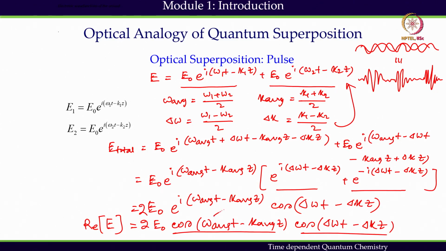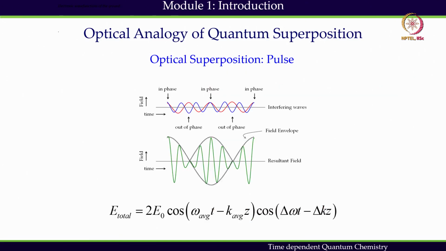Omega average is higher frequency, so the fast varying component is changing very quickly. Delta omega, I told you that the frequencies have a very small difference, so delta omega is going to be very small, and that's why this is going to be a slow varying component, and this is going to be a fast varying component. So there are two variations we see, and that's exactly what is shown here.